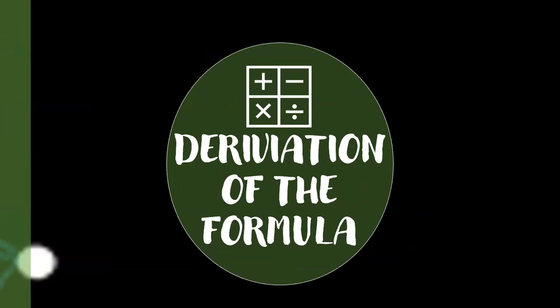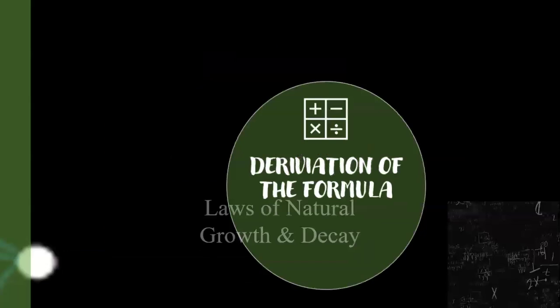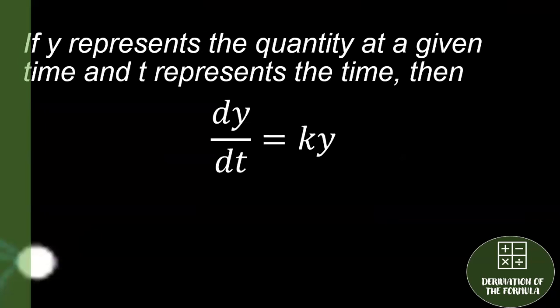So let's have the derivation of the formula. First, we need to recall that if y represents the quantity at a given time and t represents the time, we can write it as the derivative of y with respect to time is ky. So this is our origin of the formula.